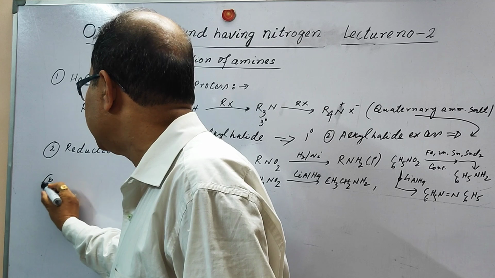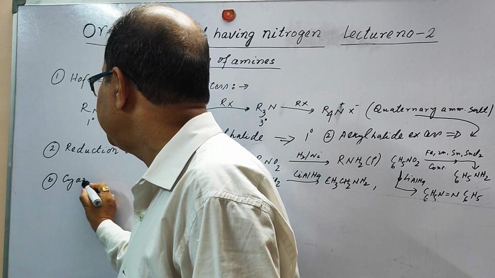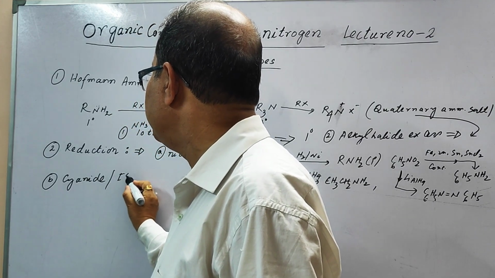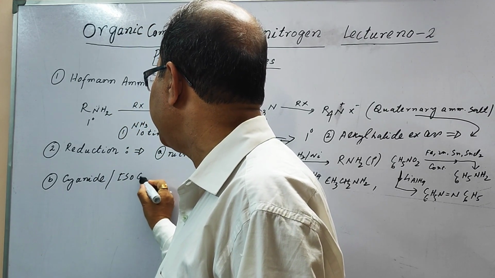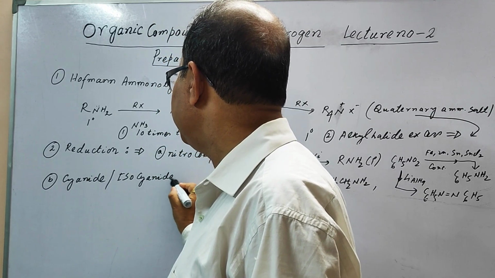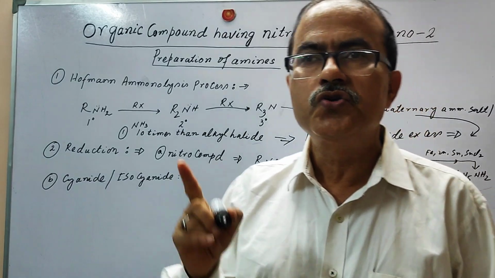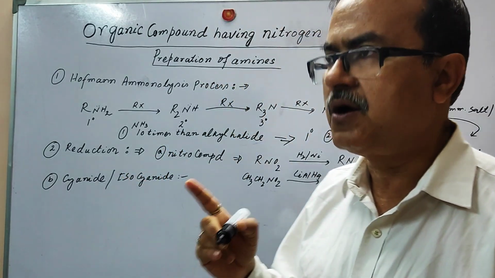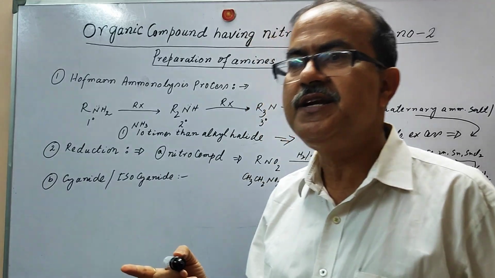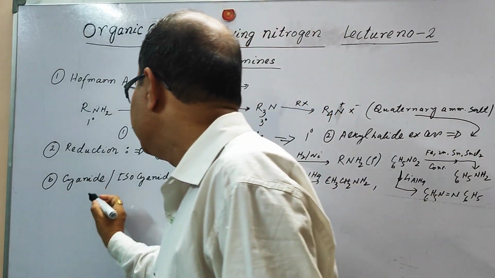Then you can use the cyano compound, cyanide or isocyanide. If we reduce the cyanide or isocyanide by a proper reagent, we can use lithium aluminum hydride or sodium and ethyl alcohol. Sodium amalgam and ethyl alcohol are both reducing agents, and it is also called the Mendius reduction.